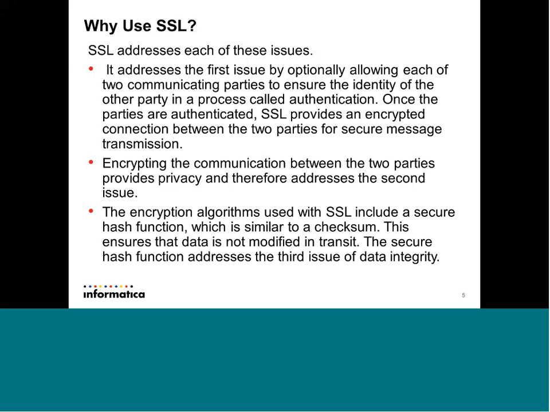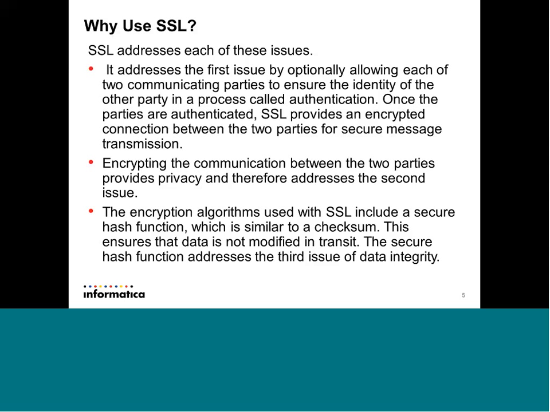So any interceptor cannot directly look into the data and understand what it is, right? And the encryption algorithms used with SSL will actually include secure hash functions, which will generate a digest similar to a checksum. So even if an attacker gets the encrypted data and modifies it and sends it back, the checksum would change.